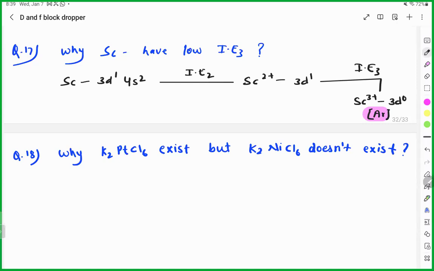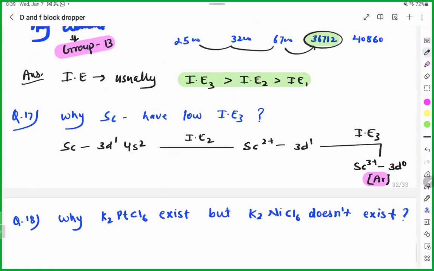With +4 oxidation state. Sir, in nickel, because of the D8 configuration, sir, I think the +5 state is more stable than the +4 state in nickel.